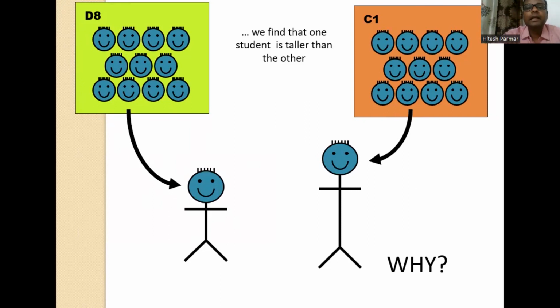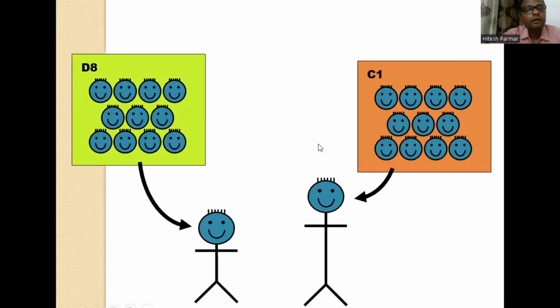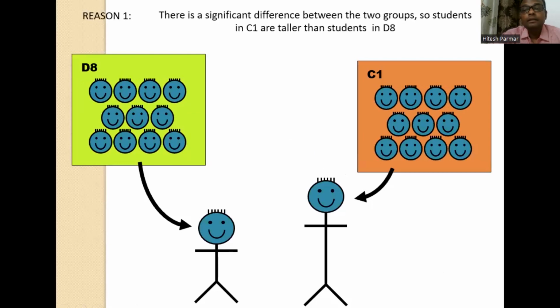All these reasons we can broadly classify into 2 main reasons. Reason number 1 is that there is a significant difference between the 2 groups. So the students in one group are taller than the students in another group.